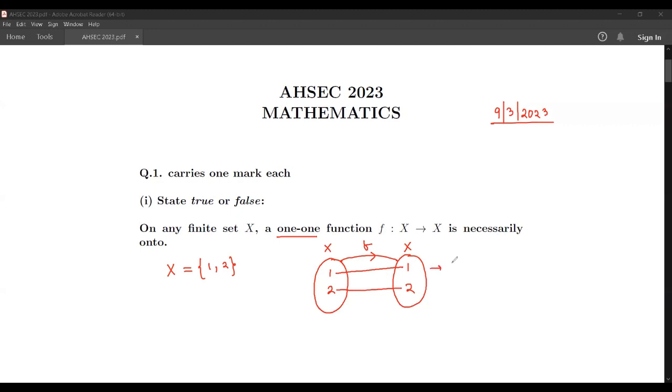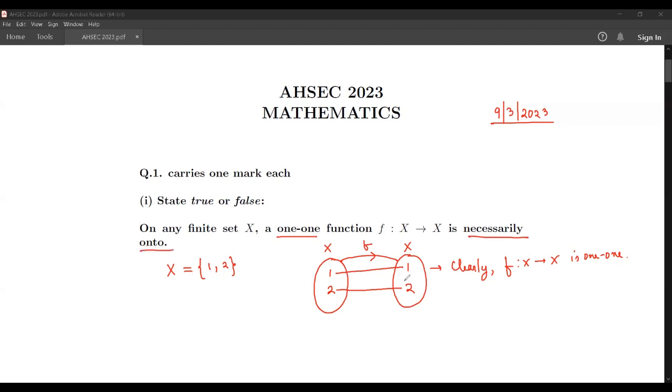So from this picture, it is very clearly a function X to X that is 1-1. Now let us see whether this function is onto or not. What is asked is, if it is given to be 1-1, then is it necessarily onto?